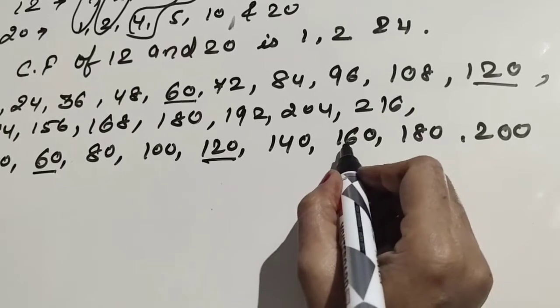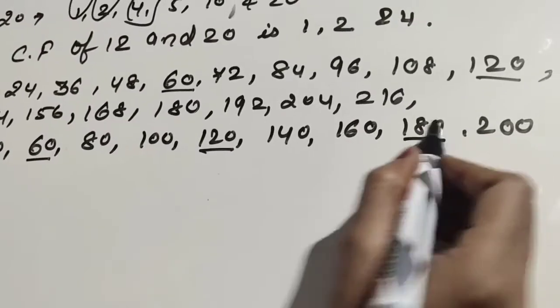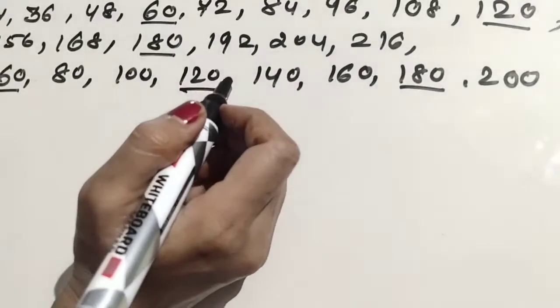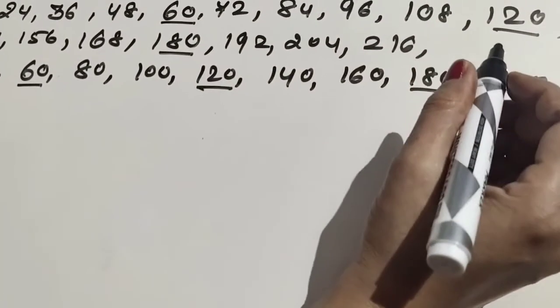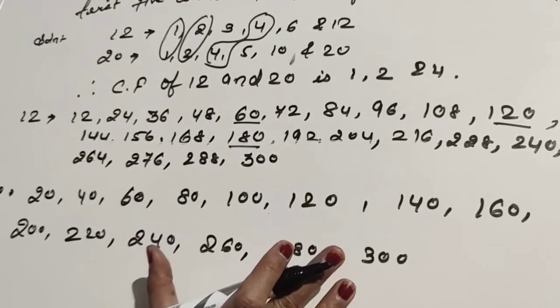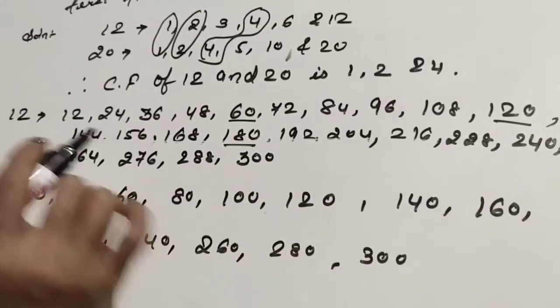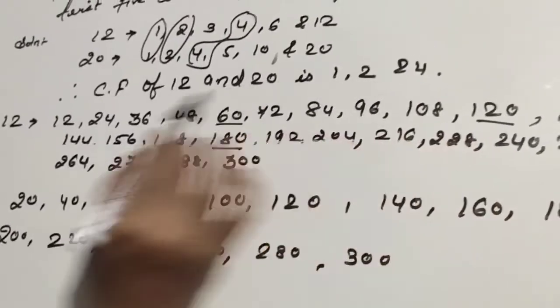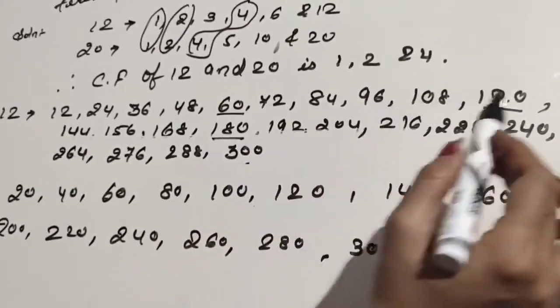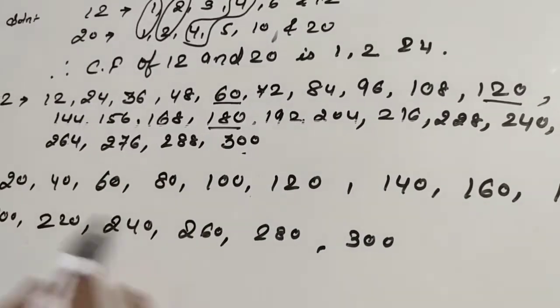Here 160, 180 is given in the 20 table. Space is not there, so we will rub and write it here. Actually space is not there, so I have written all of the 12 and 20 tables. The 12 table is written up to 300. In the 20 table I have also written up to 300.